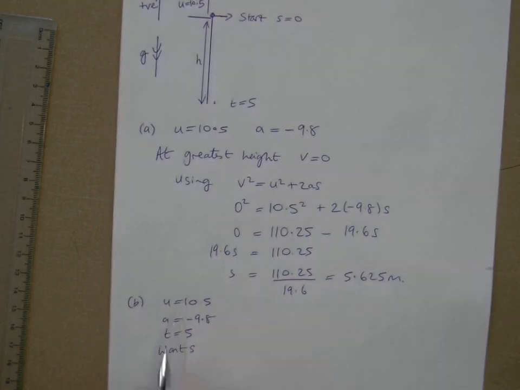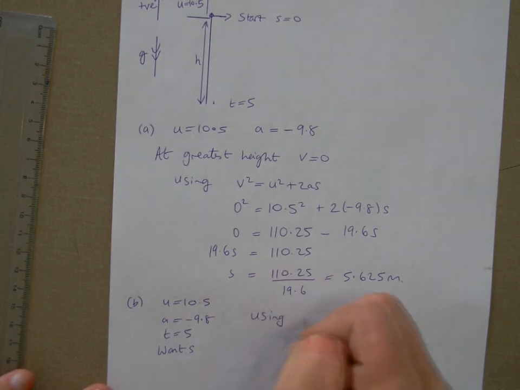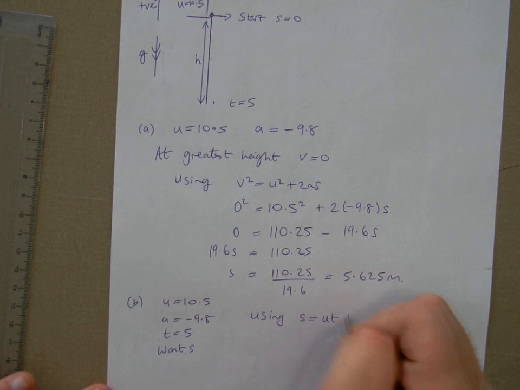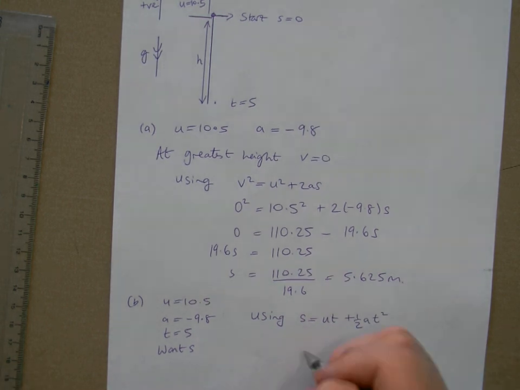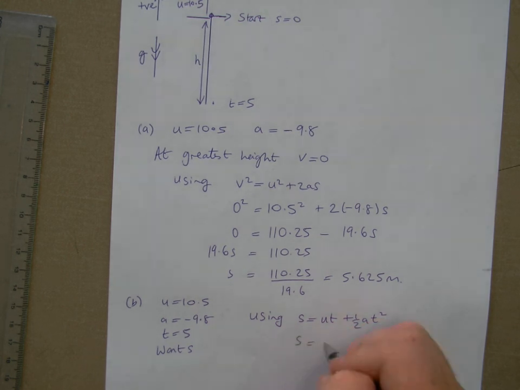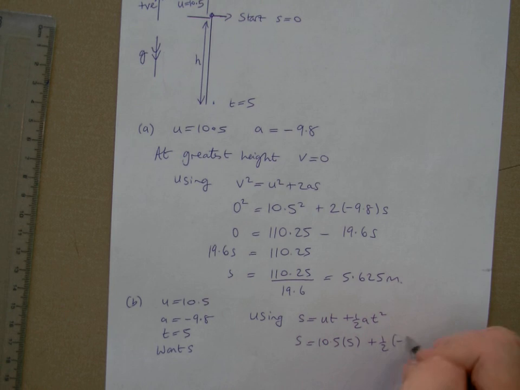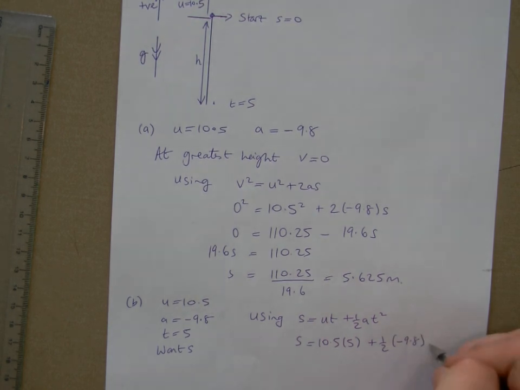To get s with these figures, when t is 5, I'm going to use s equals ut plus half at squared. So s will equal u, which is 10.5, times t, which is 5, plus half times a, which is minus 9.8, times t squared, 5 seconds squared.